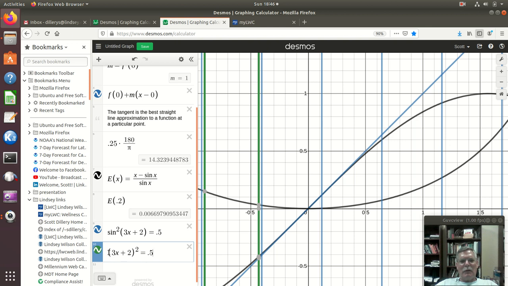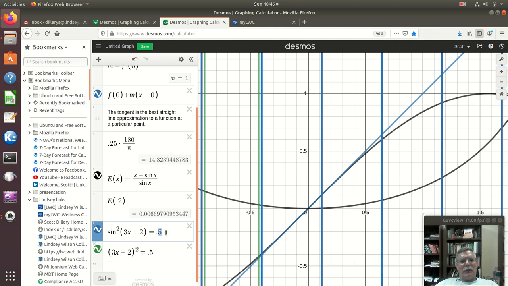But I can solve this one, and that's kind of the point I'm getting at: I can actually solve this problem because I know the quadratic formula. So even with that square in there, I could say the sine function itself is just the same as the identity, or x, and so then I could put this 3x plus 2 into that, which just makes it 3x plus 2, and then set that equal to 0.5.